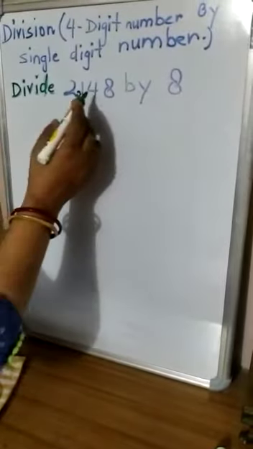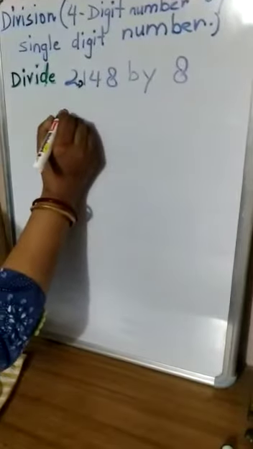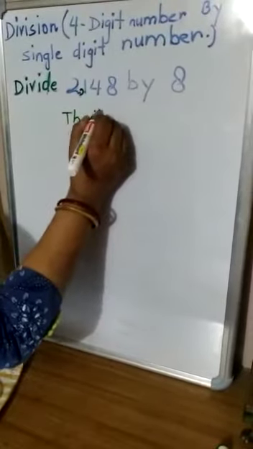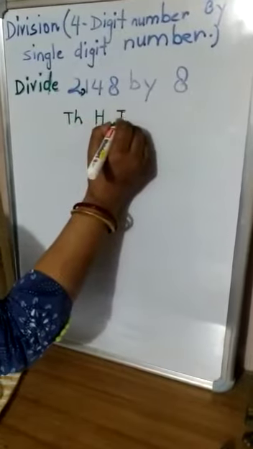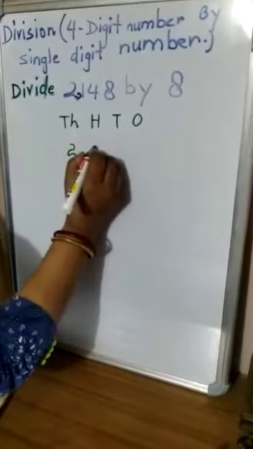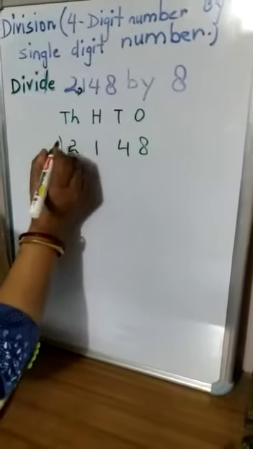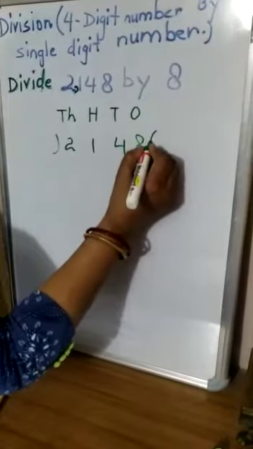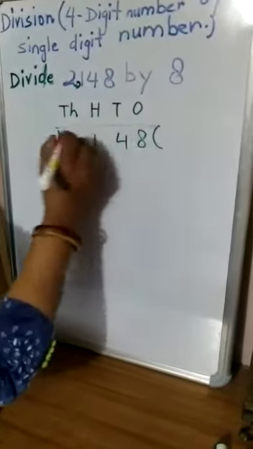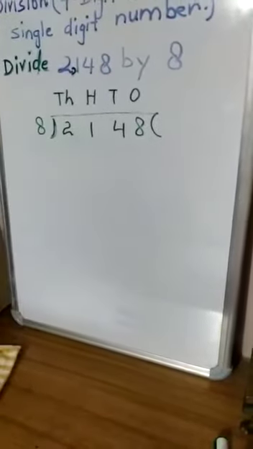So we arrange the numbers like this in a place value chart: thousands, hundreds, tens and ones. I am writing here 2, 1, 4, 8, just like a division form, and 8 is the divisor.